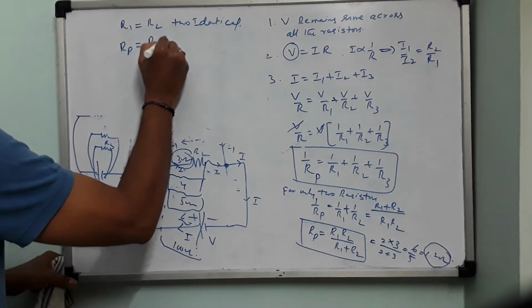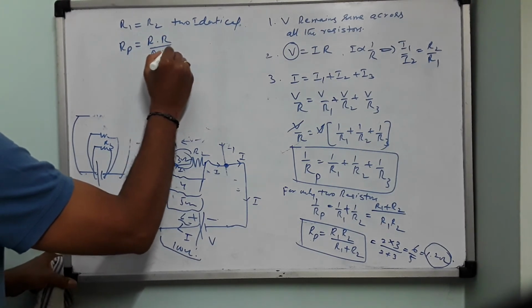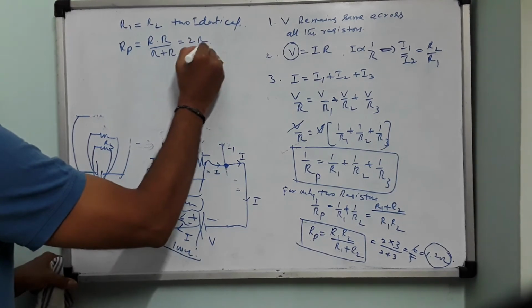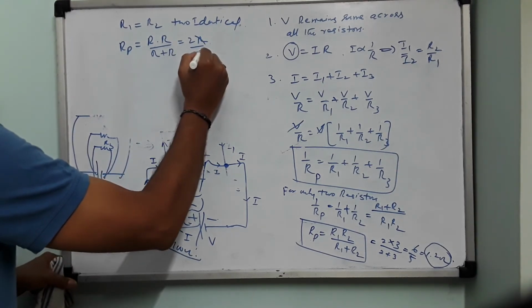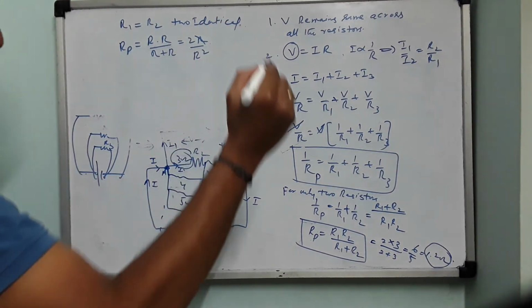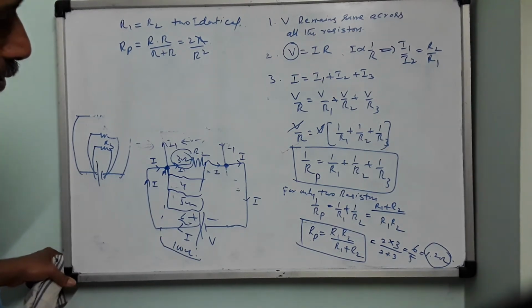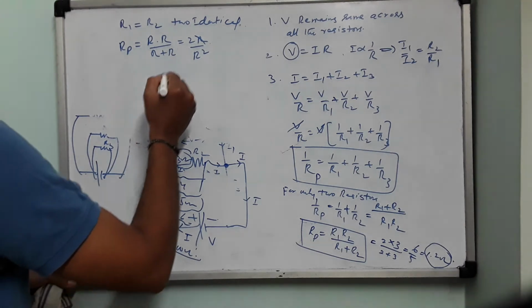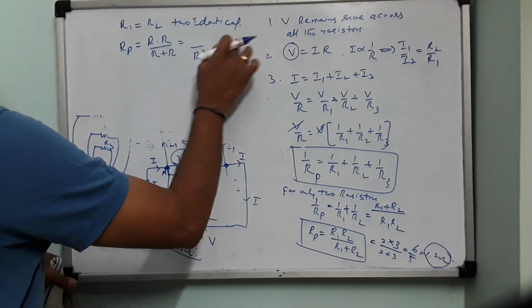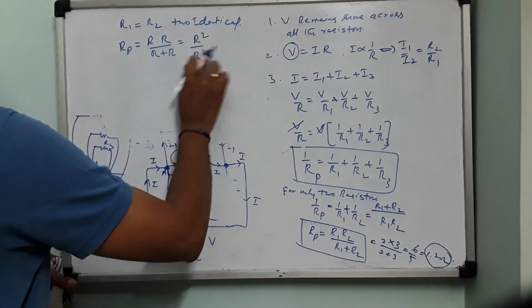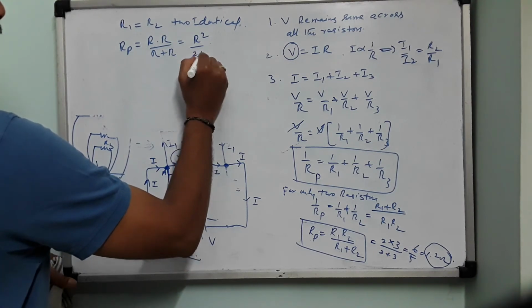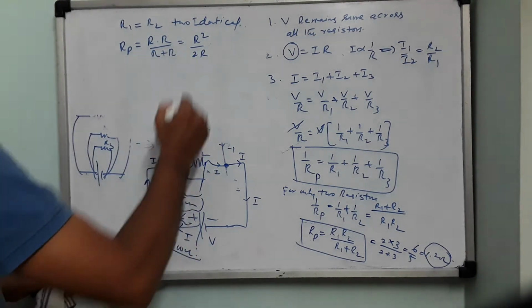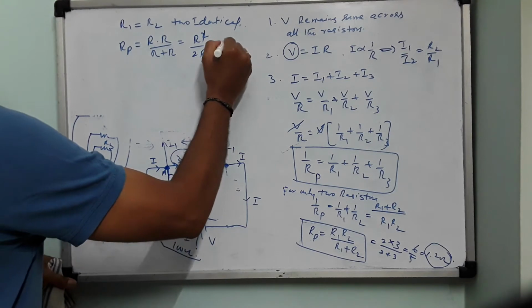So R into R divided by R plus R. This will be R square divided by 2R. R square and R cancel, you get R by 2.